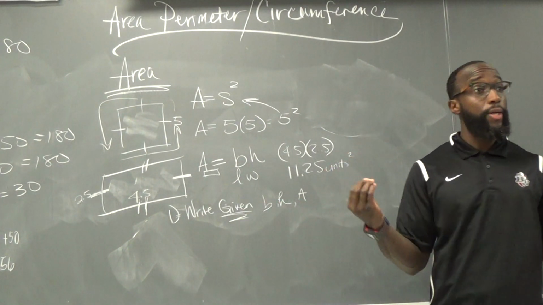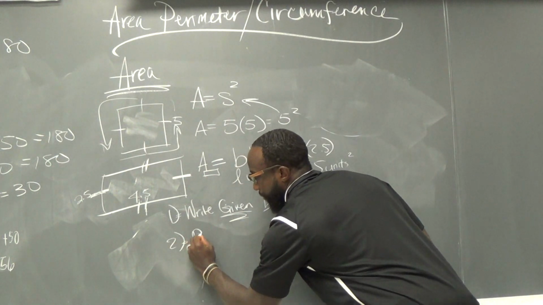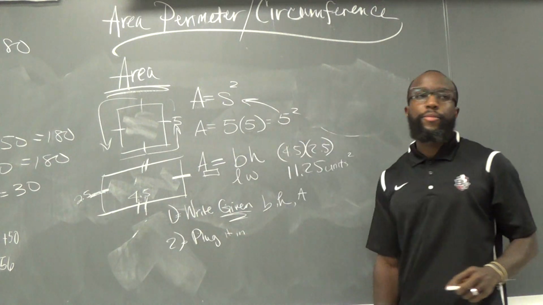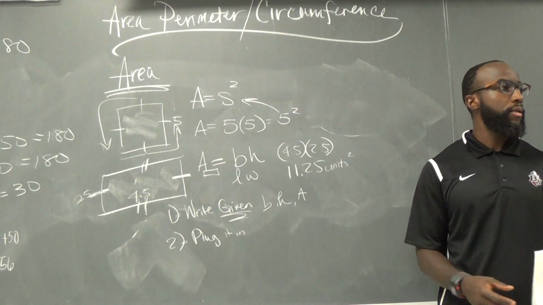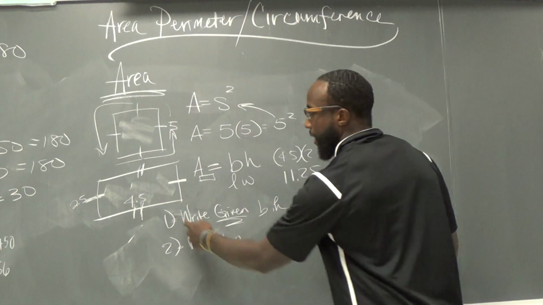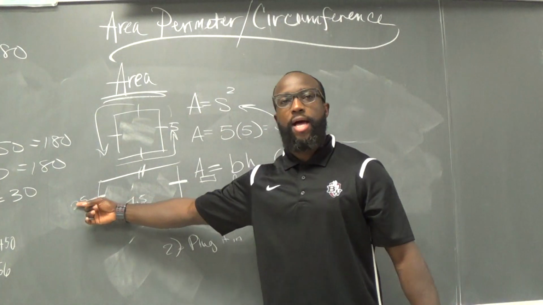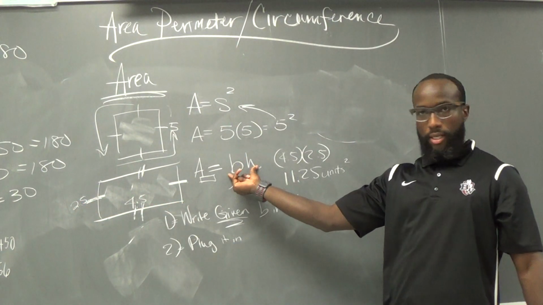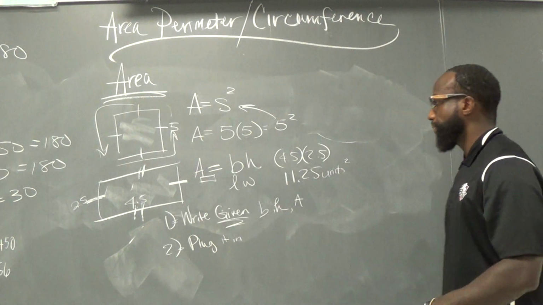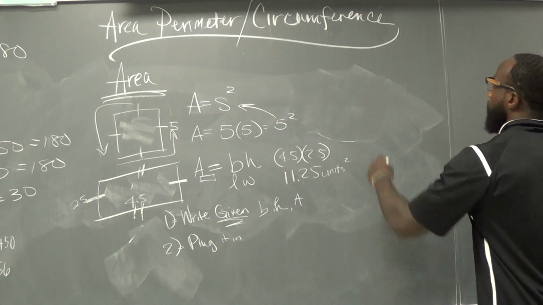Write that down so you know what it is. Then from there, you just plug it in. When my dad used to teach, he would say plug and chug. So plug it in and then work it out. They gave us the base, they gave us the height, plug it into this formula, and then work it out. Chug it and get your A. We good so far? All right, here we go.